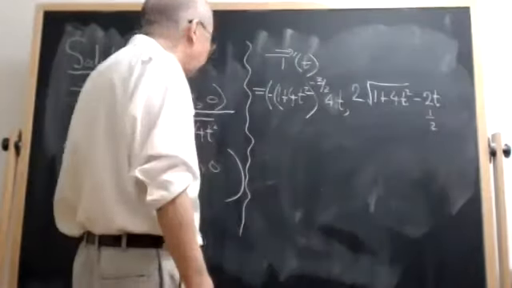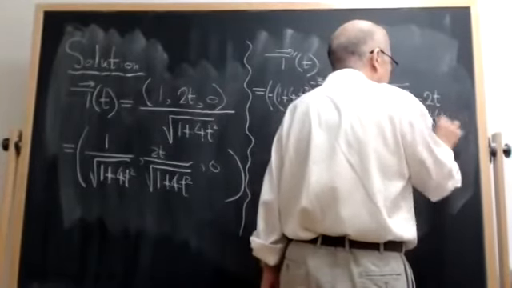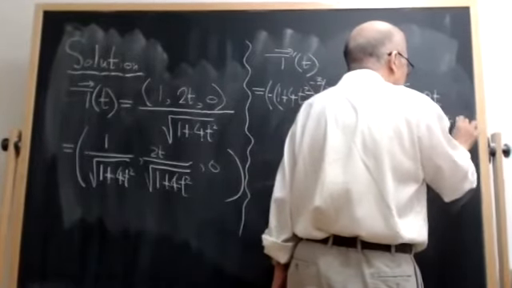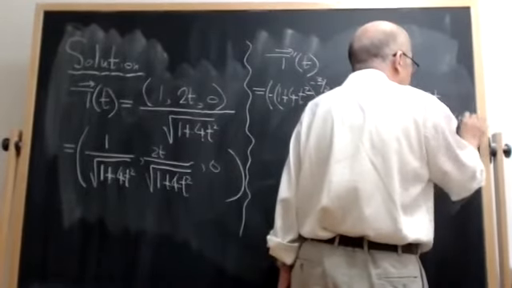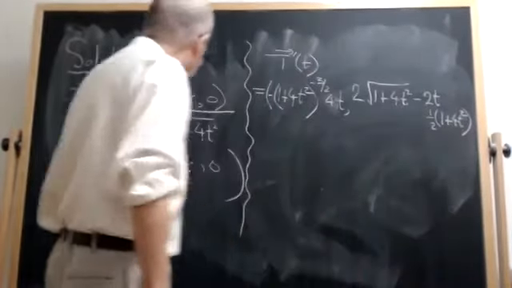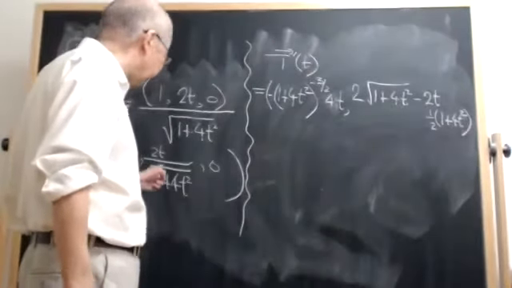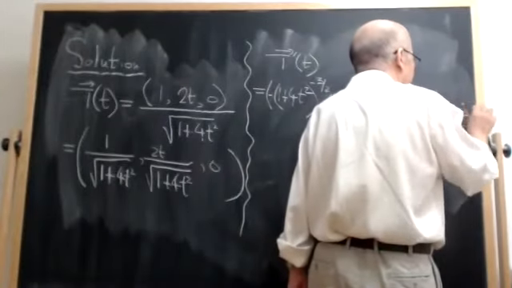And then 1 plus 4t squared, and then I have 1/2 minus 1, so it's minus 1/2.